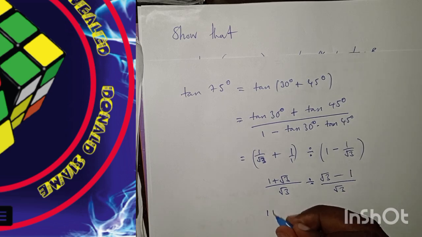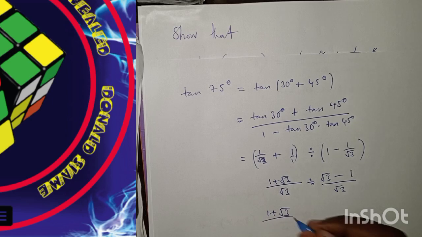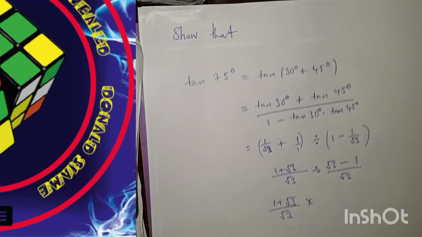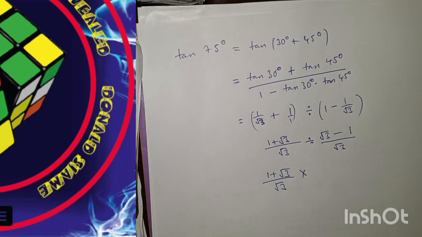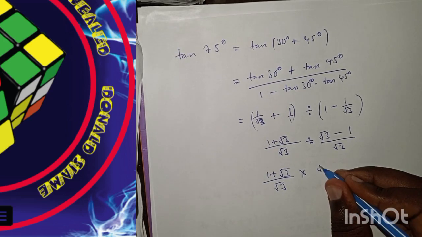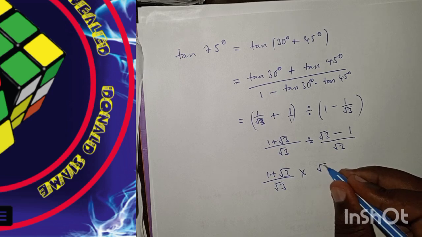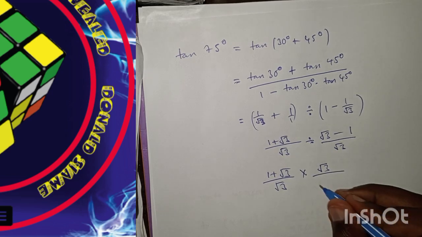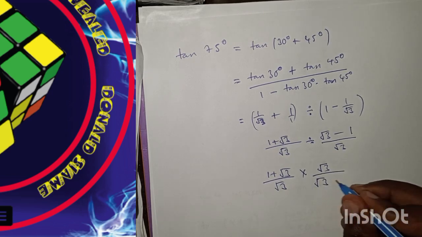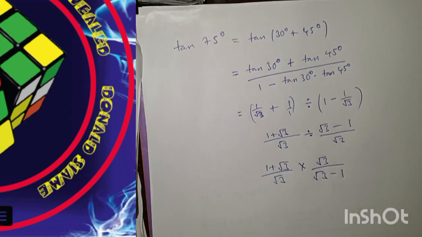So we are going to have 1 plus square root of 3 over square root of 3 times square root of 3 over square root of 3 minus 1.